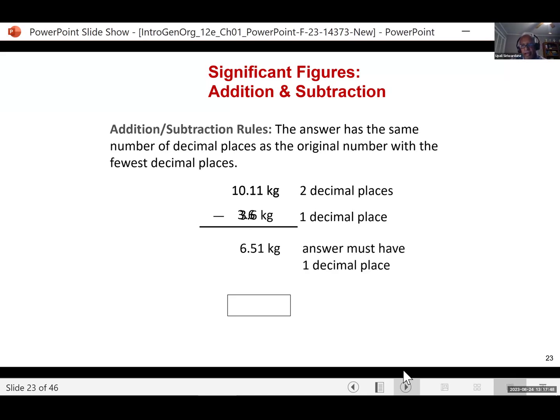So the answer must be rounded off to 1 decimal place. So the answer is 6.5. So this number has 2 significant digits. That's how you get the addition and subtraction significant figure.